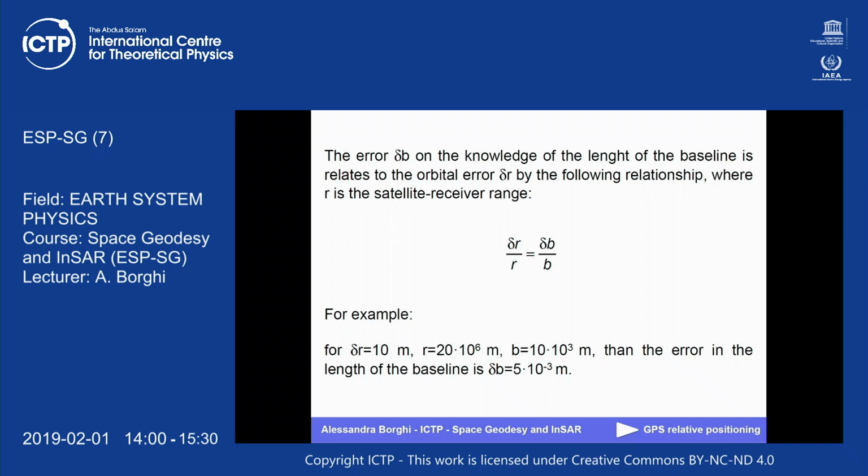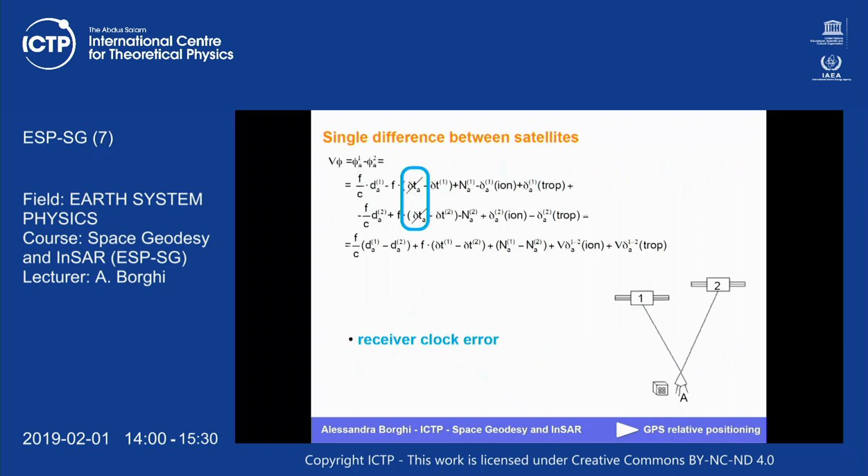Okay, this is an old slide. It means that in the past, when we started to have precise ephemerides, we paid a lot of attention to this problem. So we tried to use shorter baselines. Now I think that we try to use shorter baseline distances between points because we want to reduce atmospheric problems, not for the orbit problem, because now we have very good orbit information, precise ephemerides. Okay.